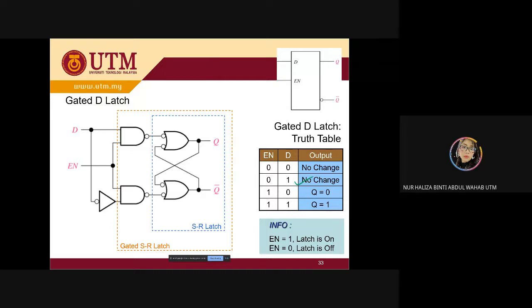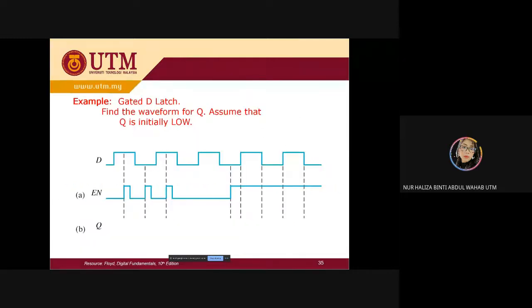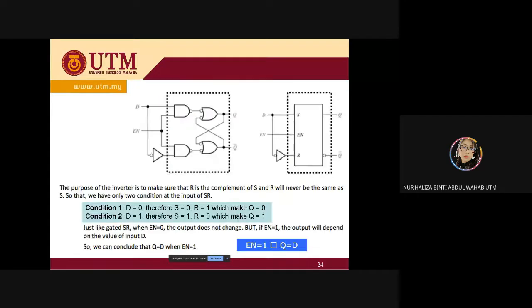You can memorize the table easily, but in terms of implementation, that is the thing when you need to come up with this timing diagram. Okay, all the things here are just for theory, for the explanation. If your condition is D 0, what will happen? For D 1, what happens?